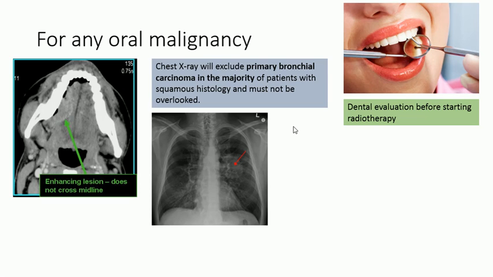There's also a dental evaluation, which is important before starting radiotherapy, because after radiotherapy the blood supply is reduced, so there's a chance that infection can spread. There can be mucous membrane infections. So if any damaged tooth or dental caries is present, it's important to rectify that before you start the patient on radiotherapy.